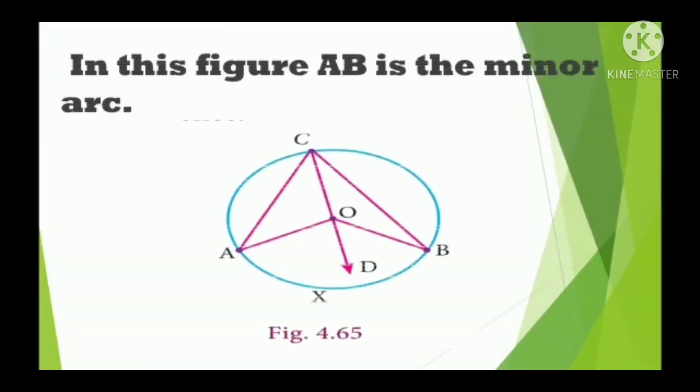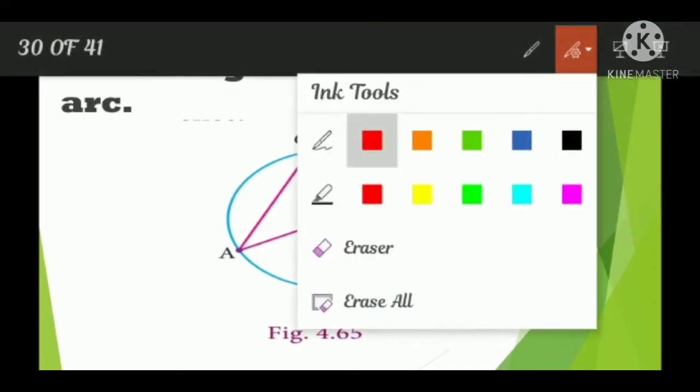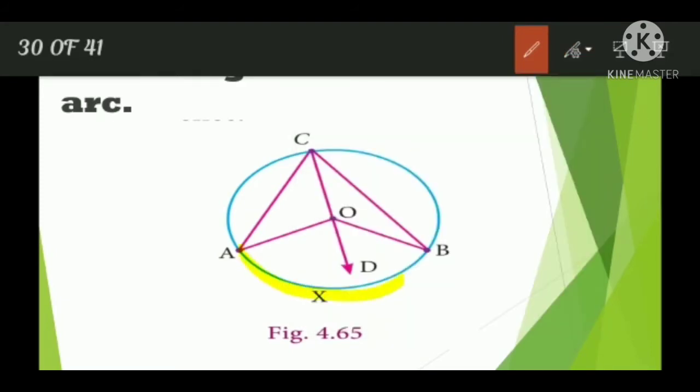So in this figure, arc AB is the minor segment, isn't it?